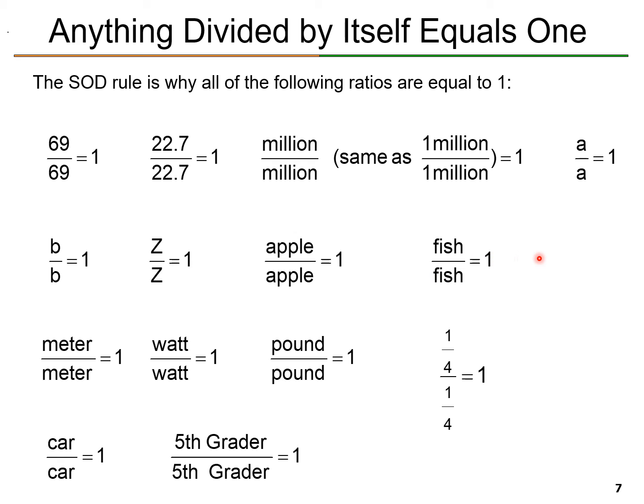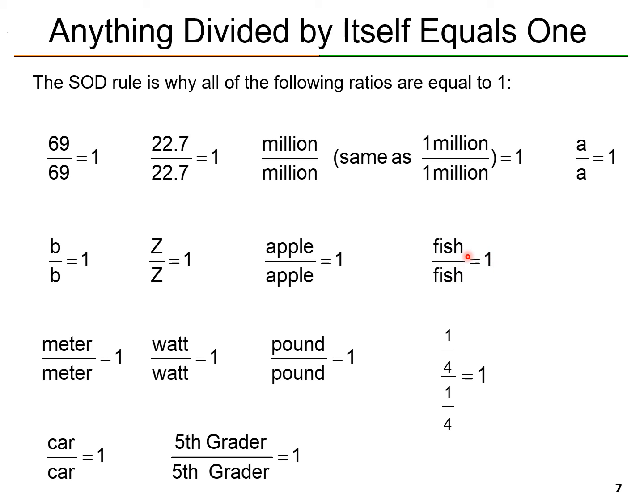Now, it may seem a little bit silly here, but basically I'm showing you that when I have the same unit, say fish is a unit in the numerator and fish is a unit in the denominator, the same units will cancel each other out.